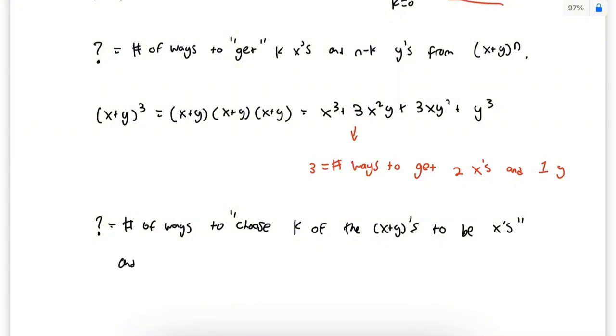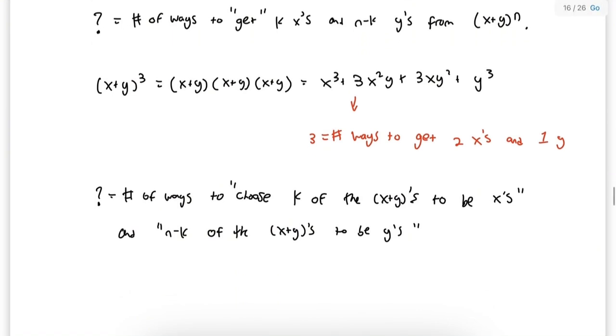And n minus k of the x plus y's to be y's. Okay. Being very vague here, but I hope the example I went through earlier makes it a little bit more clear what's going on here, right? Essentially, each coefficient corresponds to choosing k x's and choosing n minus k y's to multiply.